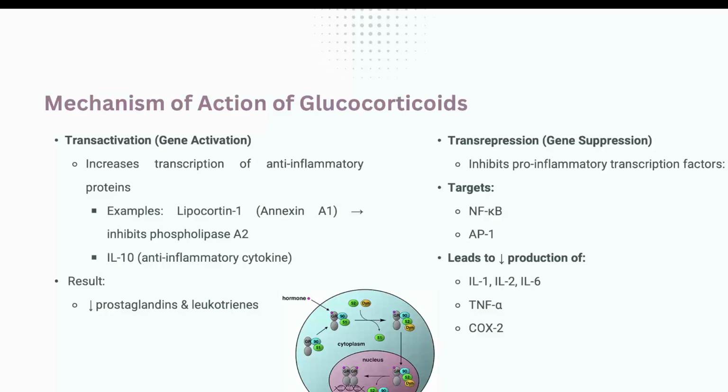But one point: there is a direct proportion between phospholipase A2 and inflammation. Increased phospholipase A2 means increased inflammation. Transactivation leads to inhibited formation of phospholipase A2 by increased production of lipocortin 1.